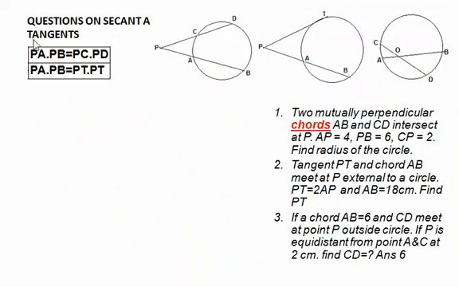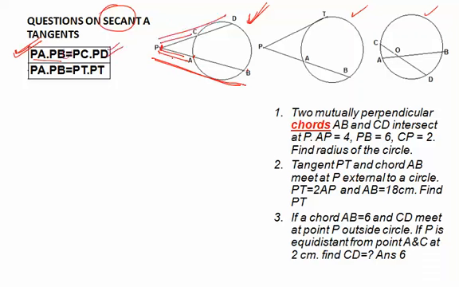Now next we discuss the questions on secants. These questions are based on these figures and come directly in competitive examinations from these diagrams, based on these formulas. If there are two chords AB and CD that intersect at point P, then PA multiplied by PB is equal to PC multiplied by PD.